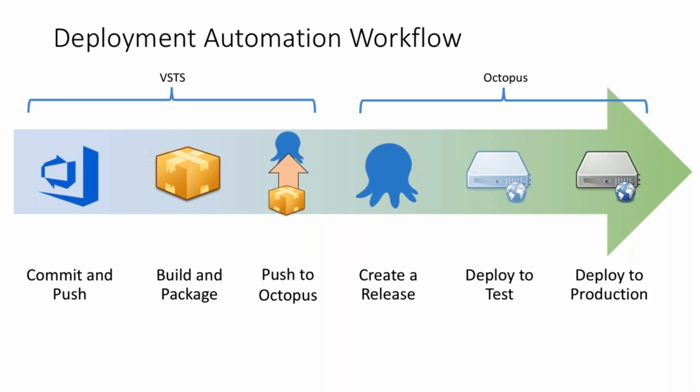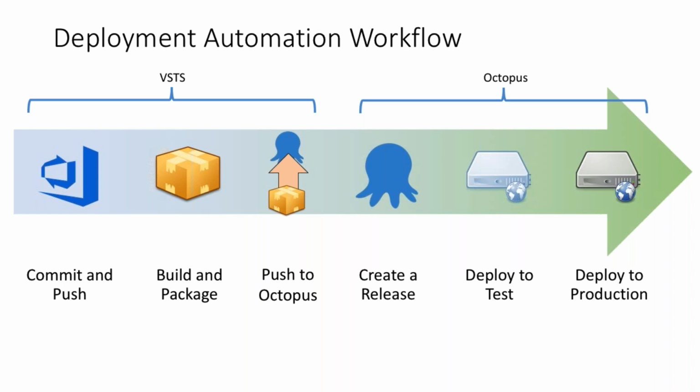So we're really going to try and work through this a bit today, setting up the build, pushing it to Octopus, creating a release in Octopus, which is basically a snapshot of not just the artifacts that you want to deploy, but the process you want to go through to deploy the application. And then we're going to get it to deploy to a test or to a dev environment. And then normally you deploy to production, I think.